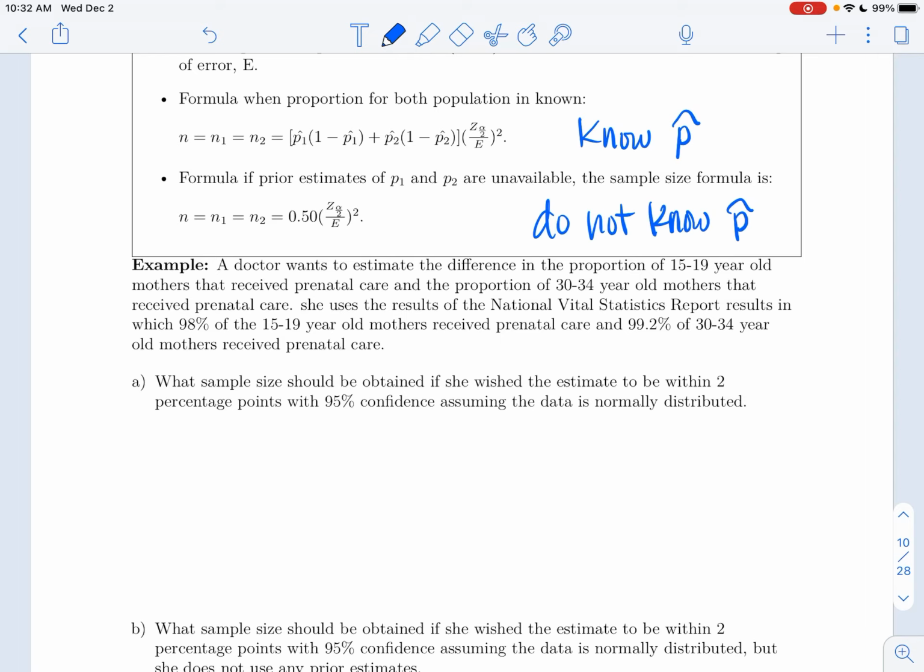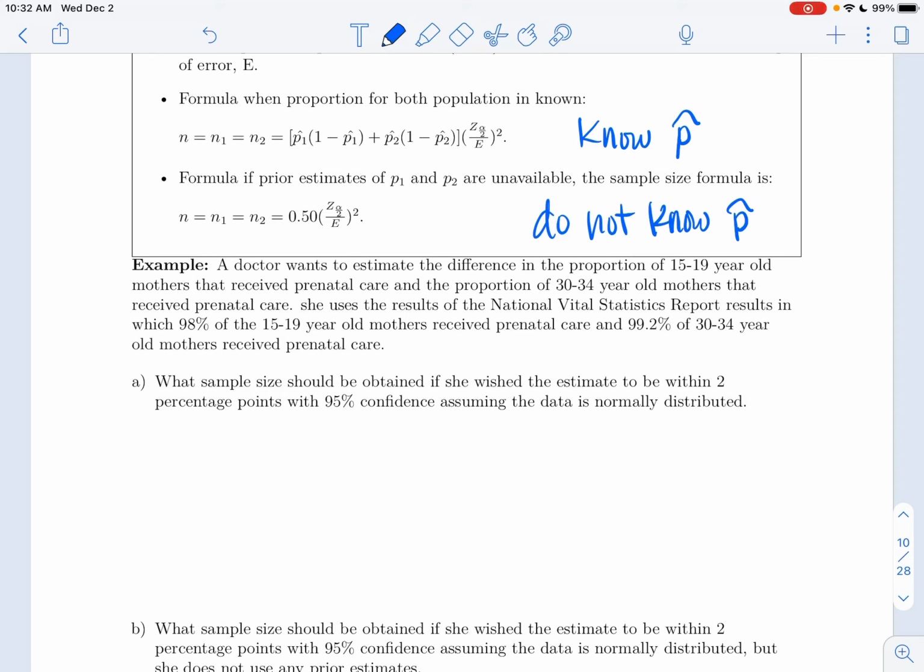She uses the results of the National Vital Statistics report in which 98% of the 15 to 19-year-old mothers receive prenatal care and 99.2% of the 30 to 34-year-old mothers received prenatal care. What sample size should be obtained if she wishes to estimate the difference to within 2% points with 95% confidence, assuming that the data is normally distributed?